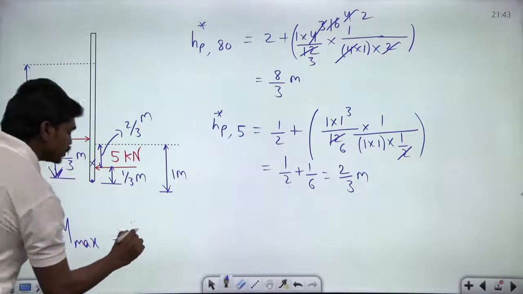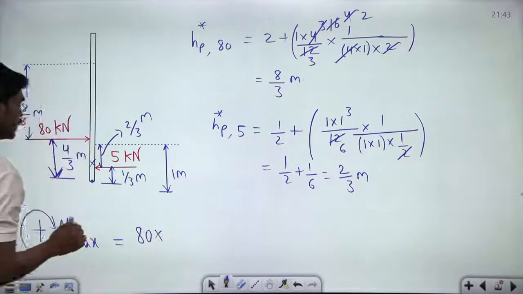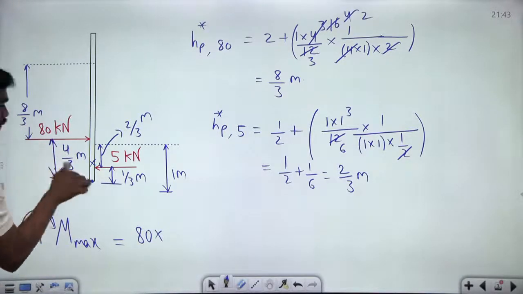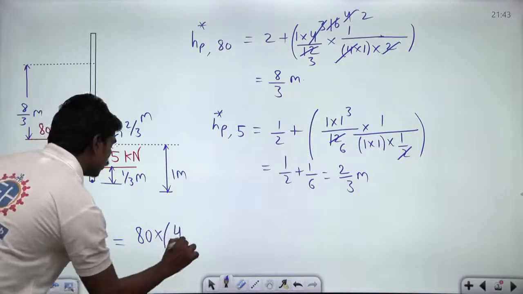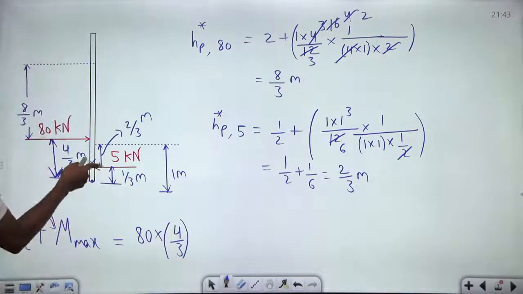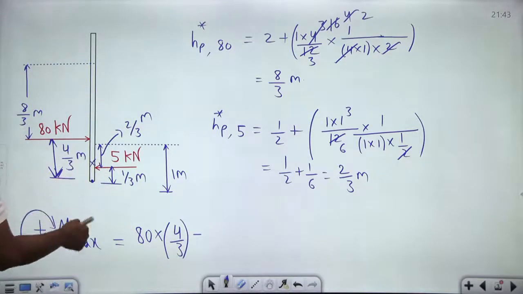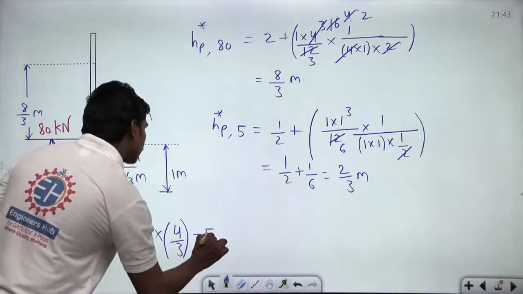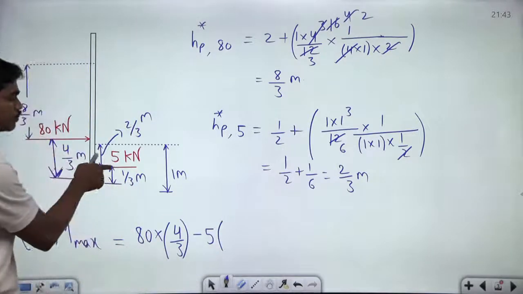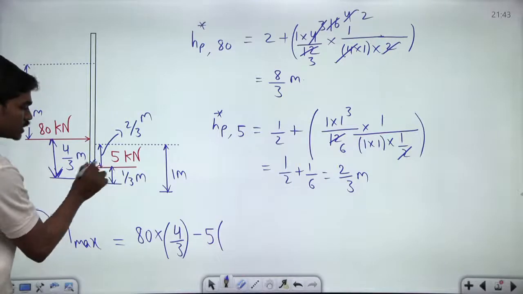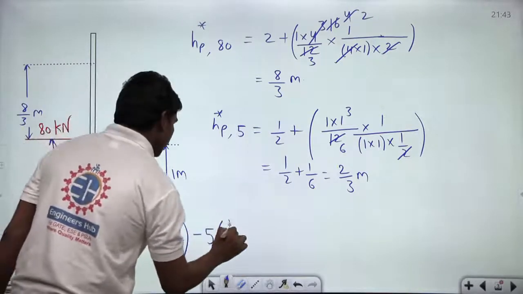So 80 kilonewtons into the distance between this force and this hinge is 4 by 3. So 80 into 4 by 3, and this creates an anti-clockwise sense moment. This 5 kilonewtons creates an anti-clockwise sense moment about this hinge. So minus, because clockwise we are taking positive, so anti-clock will be definitely negative. So minus 5 kilonewtons into, and the distance between this hinge and this force is nothing but 1 by 3.